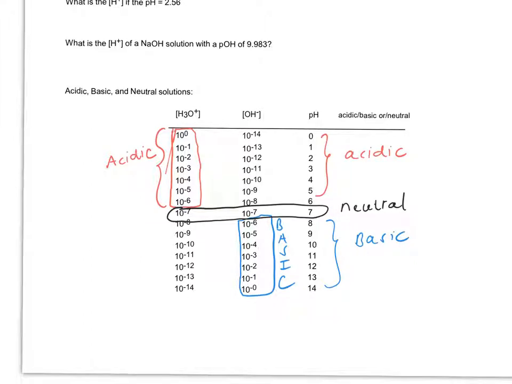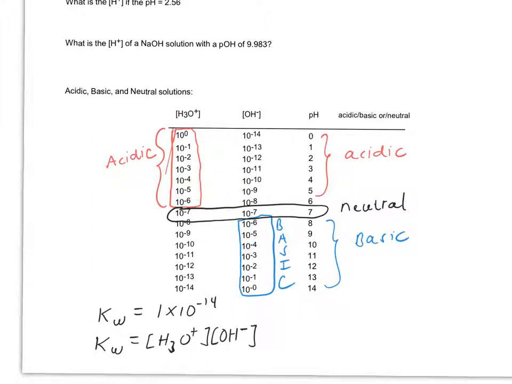We also talked about the water ionization constant, which is equal to 1 times 10 to the negative 14 when the temperature of your water is 25 degrees Celsius. And we said that Kw is equal to your hydronium concentration times your hydroxide concentration.